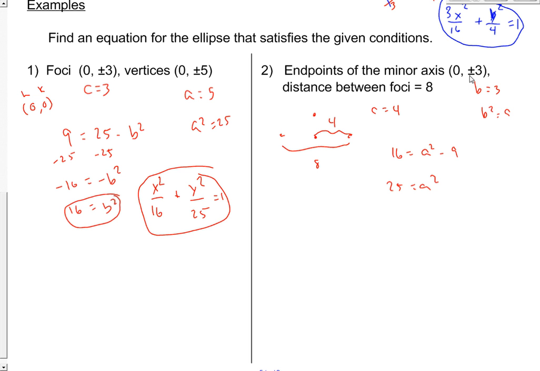That means the major axis goes sideways, so this is horizontal. So we want our a squared under the x squared. So x squared over 25 plus y squared over 9 equals 1. And that's it.